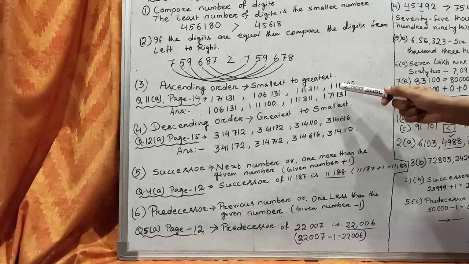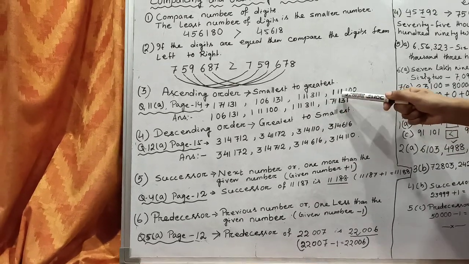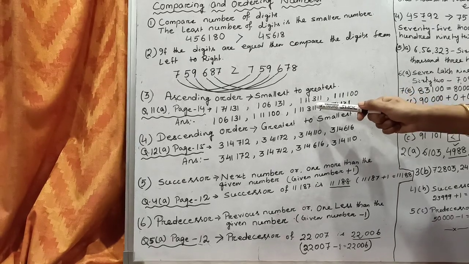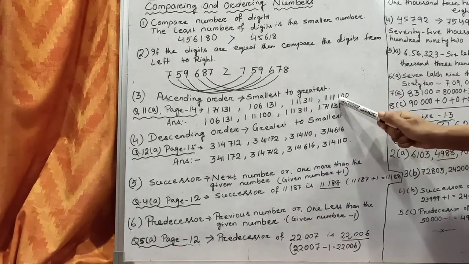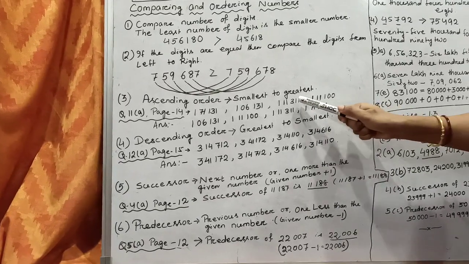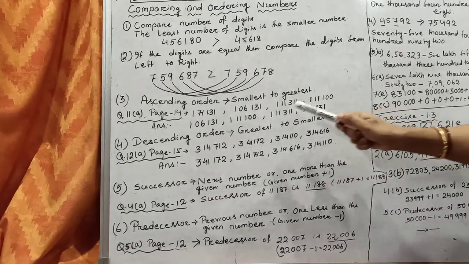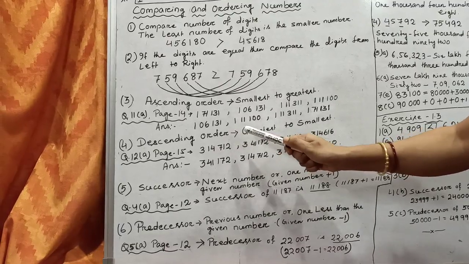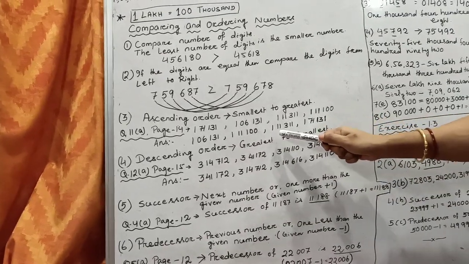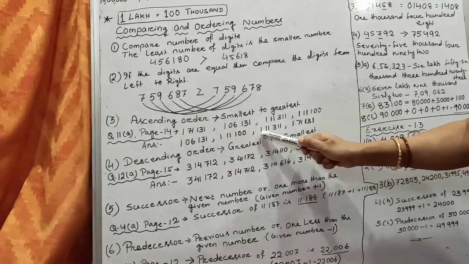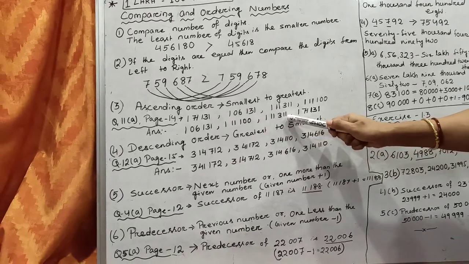Here these two numbers are 11,000. Then you come to the hundred place. Compare the hundred place digit. Here is 3, here is 1. So this number is smaller than this number. You have to write this number in second place. This is 1,11,100. Then this number is written in third place, 1,11,311.